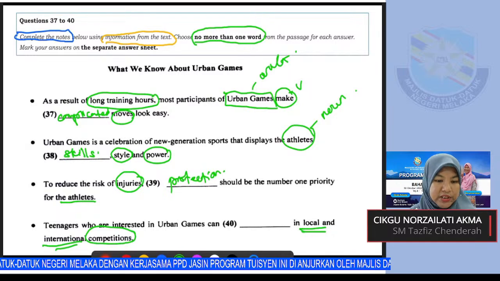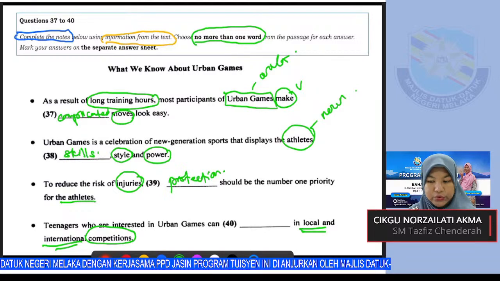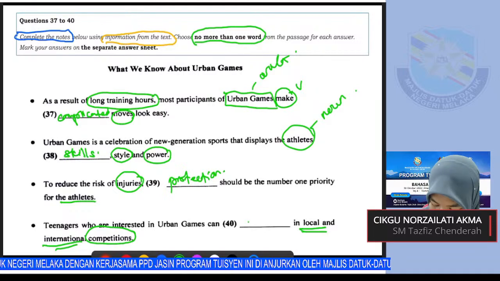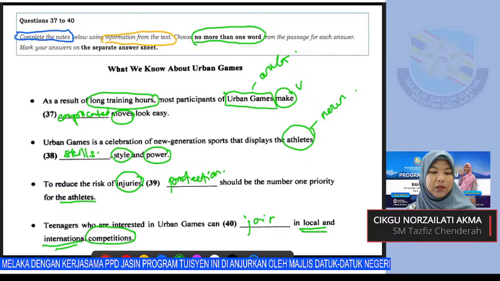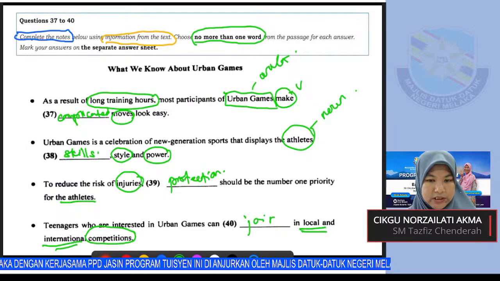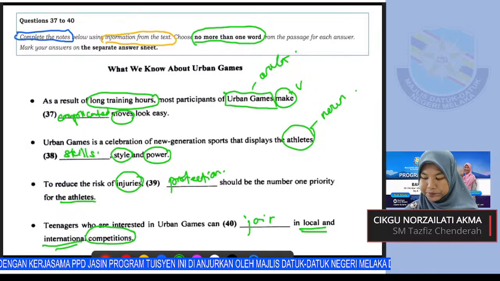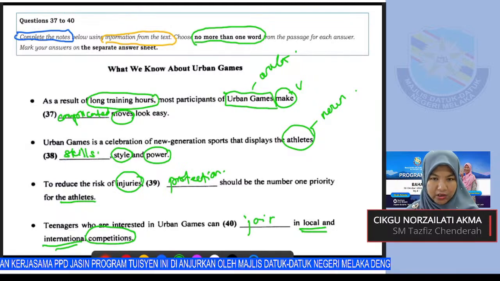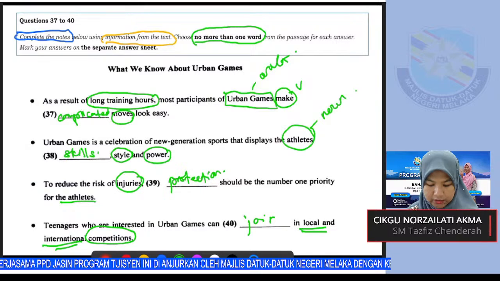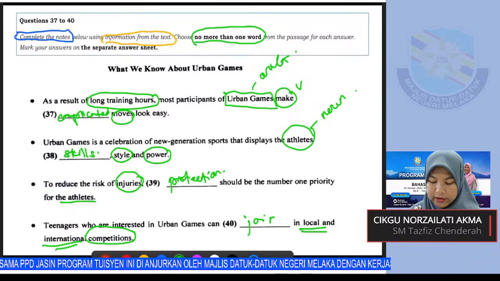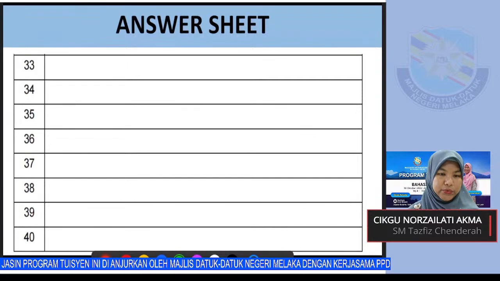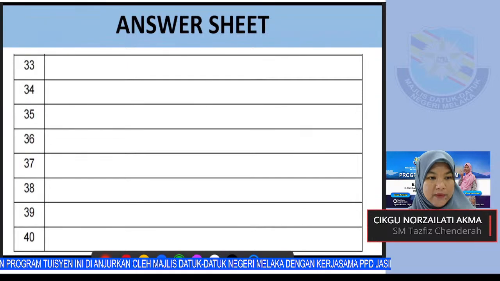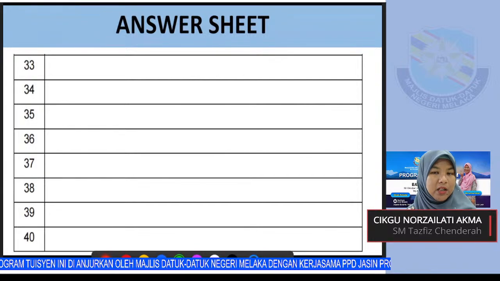When you are interested in urban games, you can join in local or international competition. Once you have written your answer in your question, do not forget to transfer it to the answer sheet provided. Let's transfer our answers here.